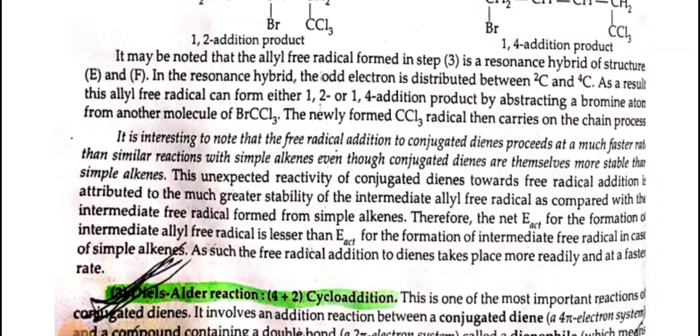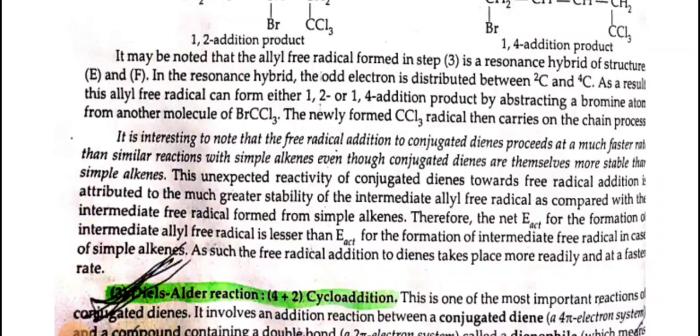It is interesting to note that the free radical addition to conjugated dienes proceeds at a much faster rate than similar reactions with simple alkenes, even though conjugated dienes are themselves more stable than simple alkenes. This unexpected reactivity of conjugated dienes towards free radical addition is attributed to the much greater stability of the intermediate allyl free radical as compared with the intermediate free radical formed from simple alkenes.